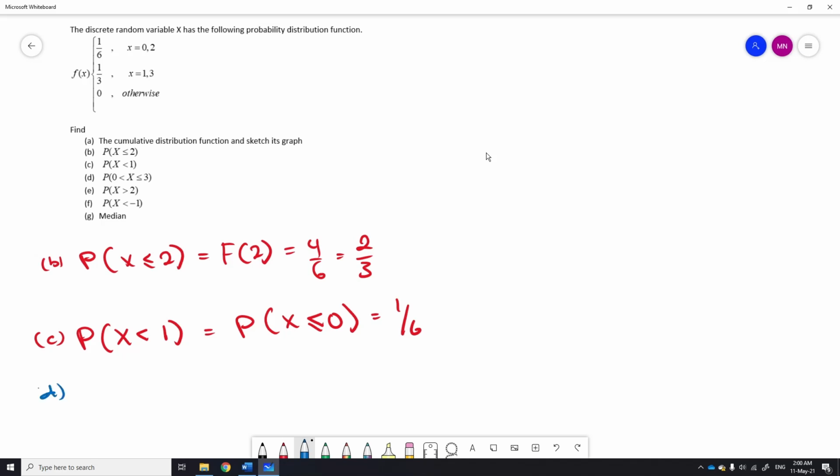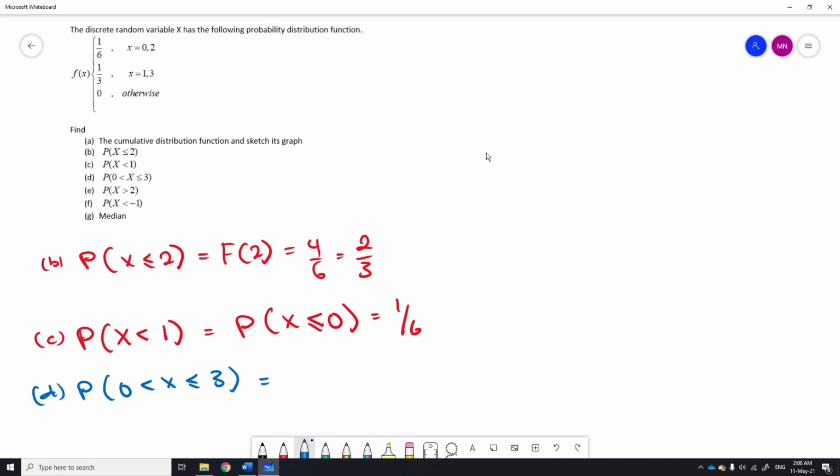Then for question D, probability 0 less than x less than or equal to 3. For this one we already did the formula before.